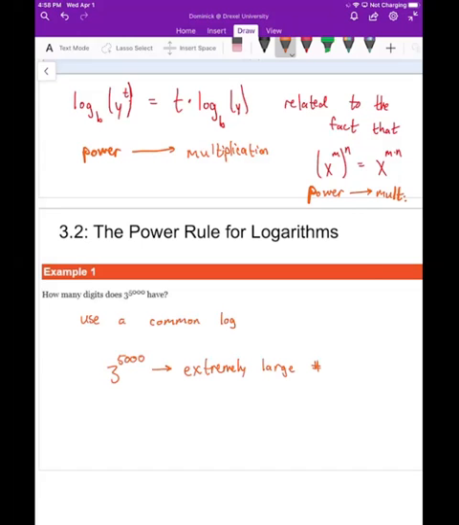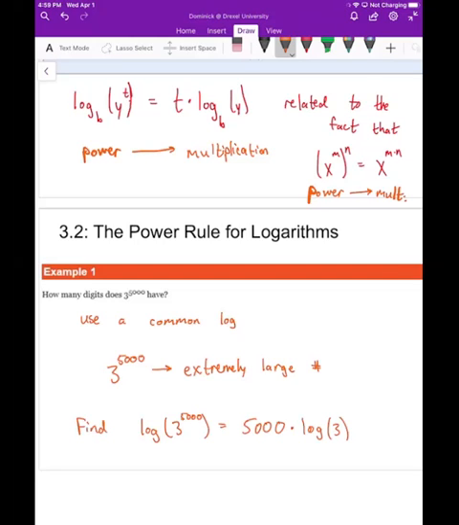So what I can do instead is find the common log of 3 to the 5,000. Now I can move this 5,000 out front, and that's equal to my original problem: 5,000 times log of 3.